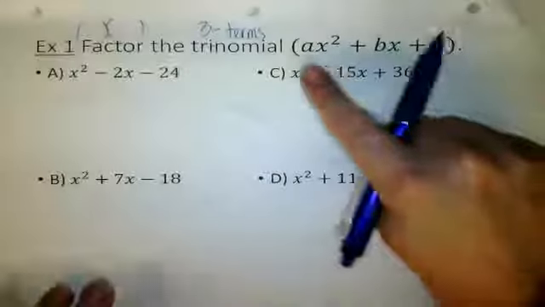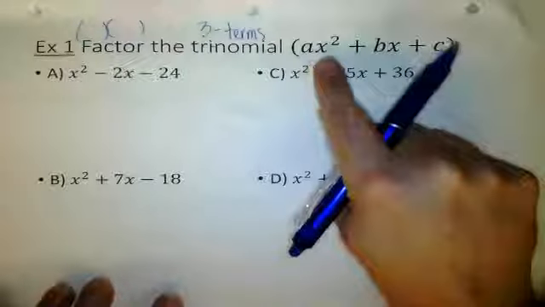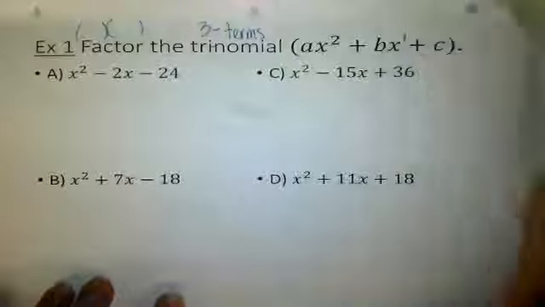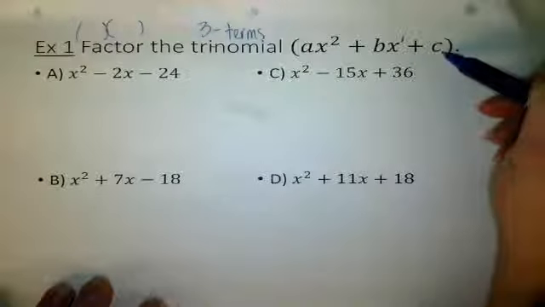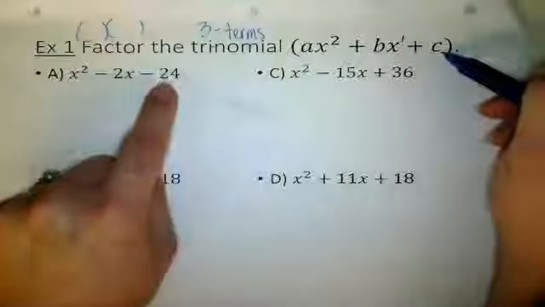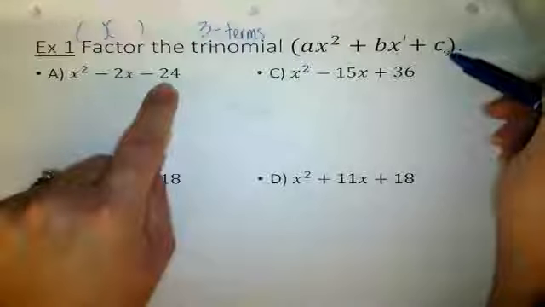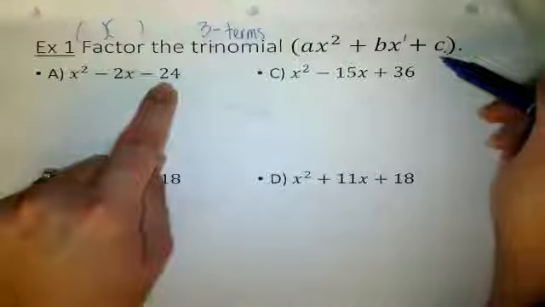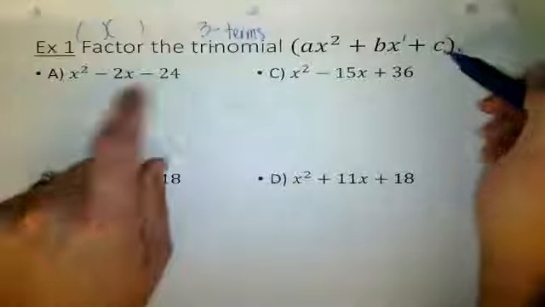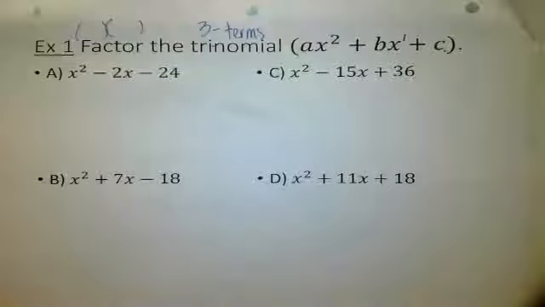This is the generic notation that we use. X squared, and then x to the first, and then this C stands for the constant. It's just a plain old number that doesn't have an X on it or another letter. We would call this usually a standard form or a general form.